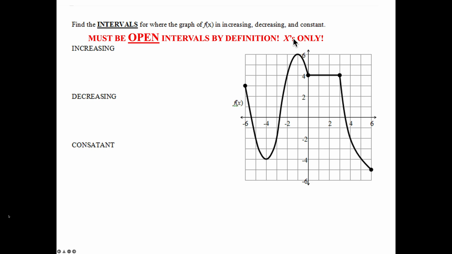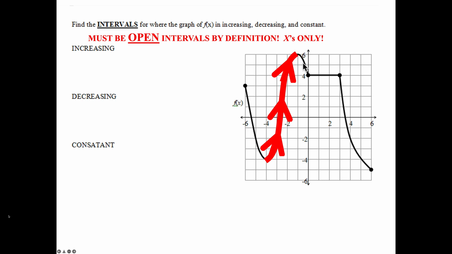And you only want the x coordinates, no y coordinates. So what I want to do is, where are my y's increasing? Well, as I look at my graph, reading it from left to right, my graph is going downhill. And then when I hit this turning point right here, now my graph is going uphill. That's what I want. That's where I'm increasing.